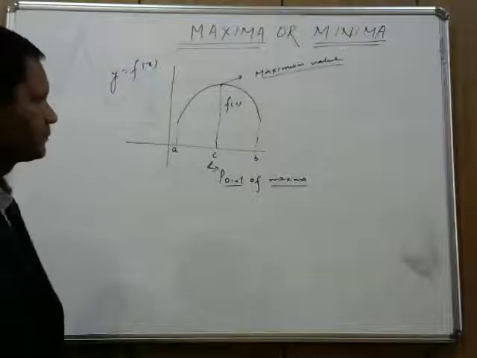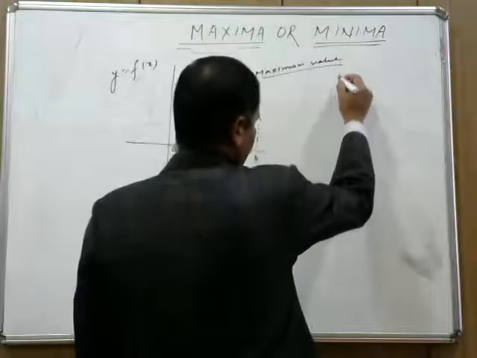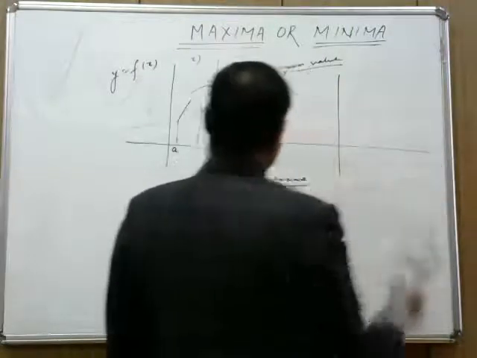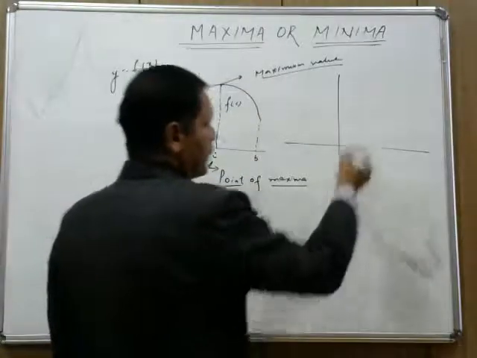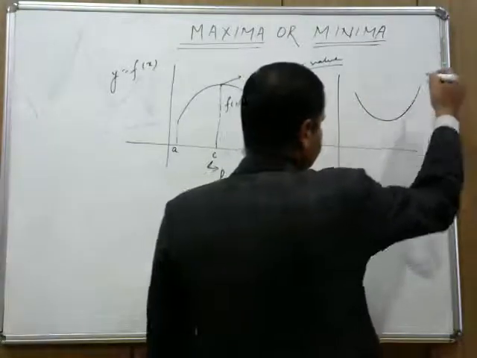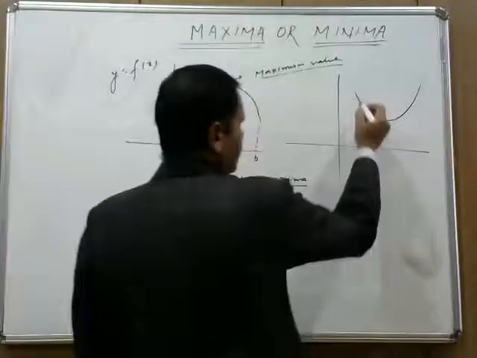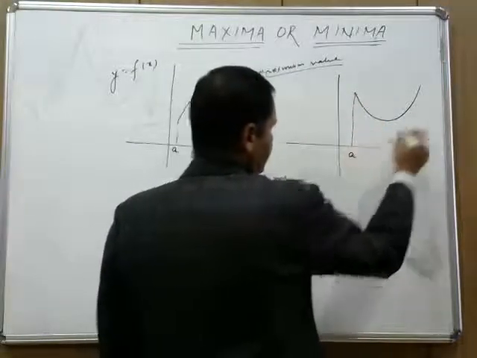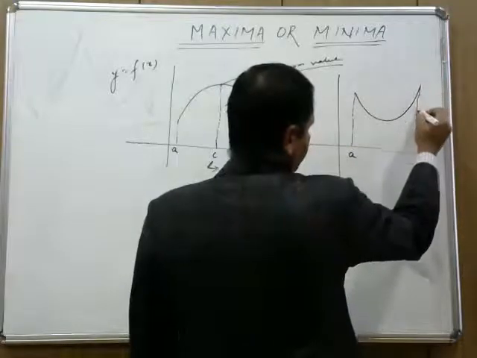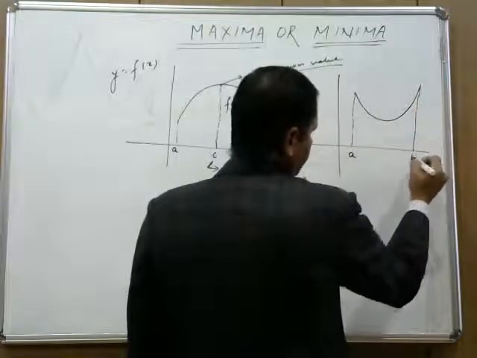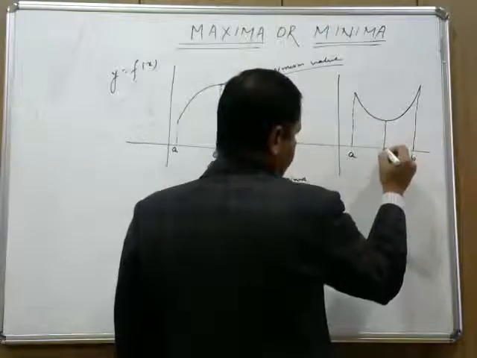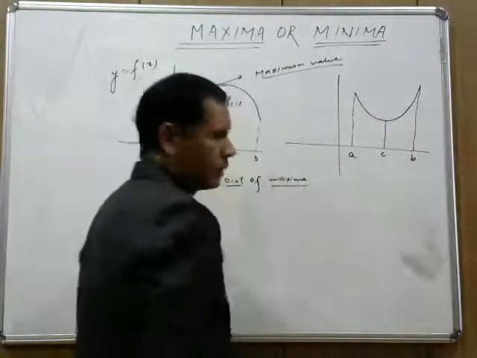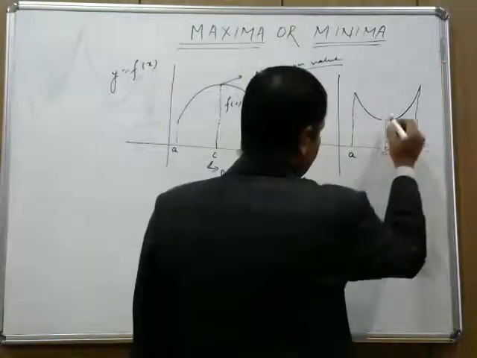Right? If we have the graph like this, it's not downward, upward, right? Here the interval a, this interval b, at this point c, right, and this value is f of c.